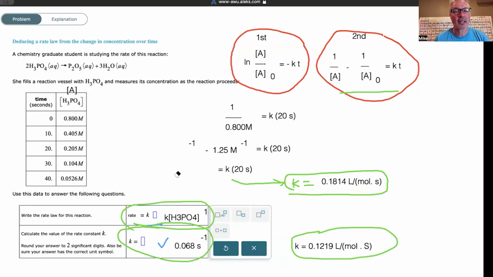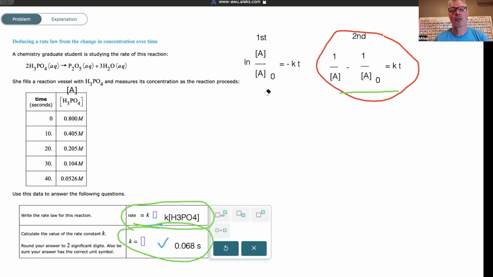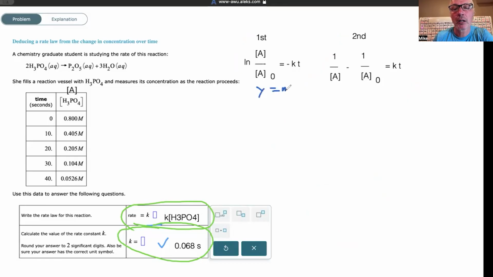The way that takes less time and might be the subject of some more questions in different format is that if you look at this, let's make this a different color here. If I plug this y equals mx, y equals mx. If I were to plot the left side of the equal sign versus time, that has the form that could be linear.